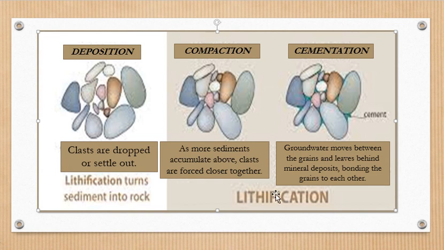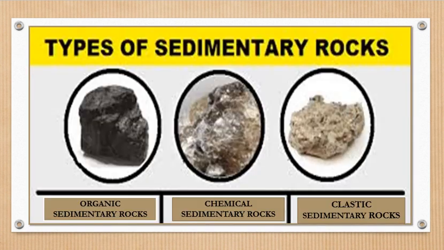Again, this process is what we call lithification, the process where sediments are formed into a sedimentary rock. They will undergo deposition, then compaction, and then cementation, and that is the time that a sedimentary rock is formed. So here are the types of sedimentary rocks.